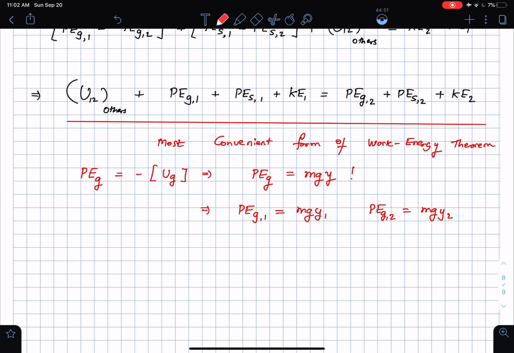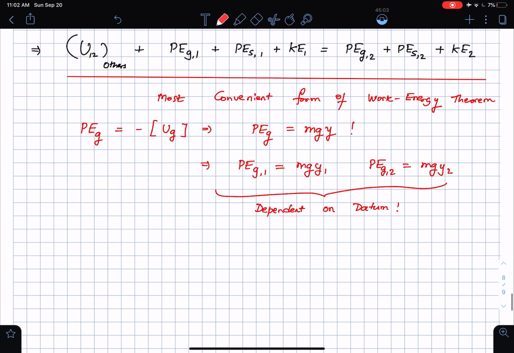Okay, so I want to make a caveat here. This is dependent on the datum, which you will see in some problems that we're going to be solving after this.